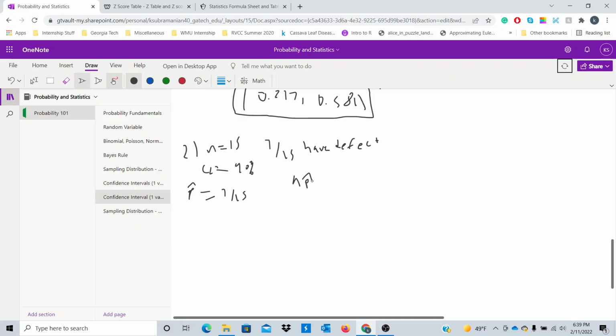We run n times p hat, which is 15 times 7 over 15, which is 7, which is less than or equal to 10. We also check n times 1 minus p hat, which is 15 times 8 over 15, and that's going to be 8, which is less than or equal to 10. So the normality check fails.